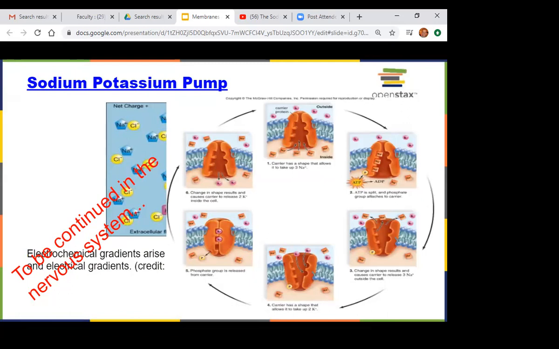So that's setting up the polarization. It's setting up that electrical gradient as well, with more positives being pushed out than coming in, but it's also setting up the concentration gradient. So it goes from high to low, outside in, right? We'll talk about potential down the road, but really the point here is to talk about protein shape.